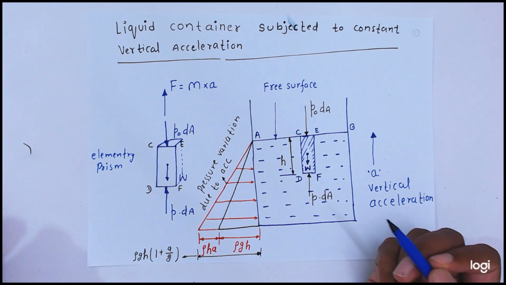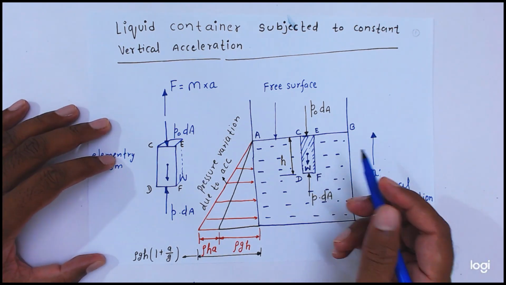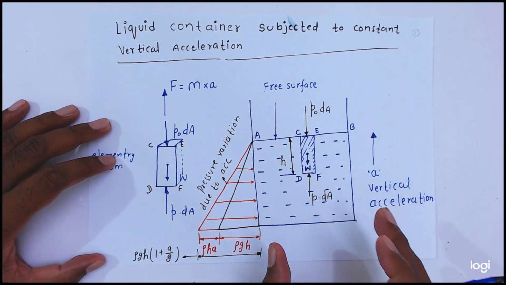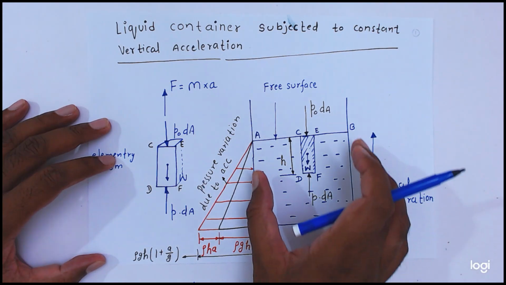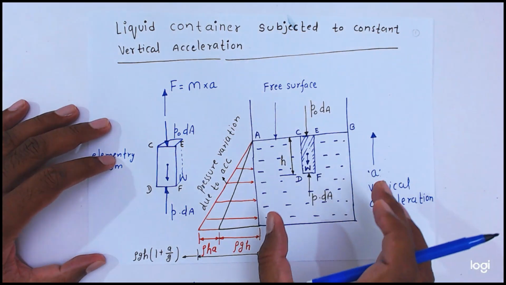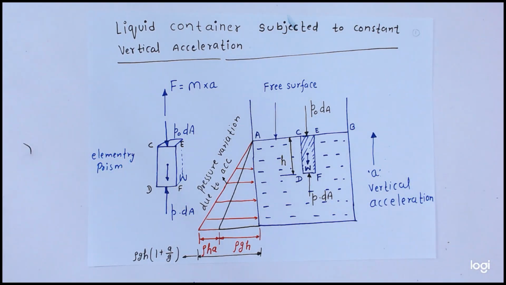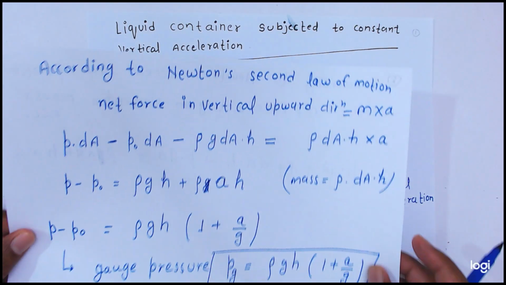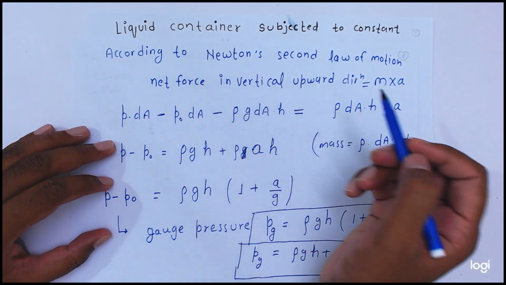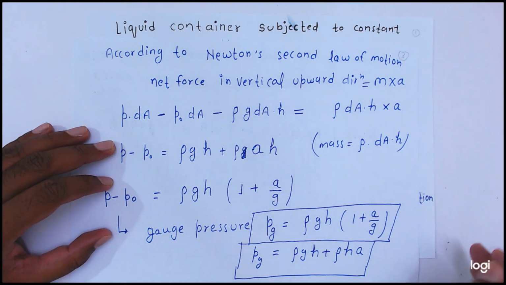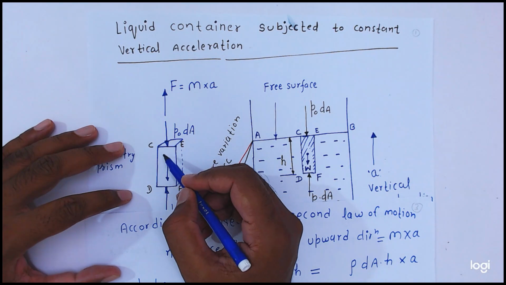So according to Newton's second law, see here friends, this tank is moving in upward direction. So what is the net force according to Newton's second law, net force in vertical direction? Here you see, on this element what will be the net force?